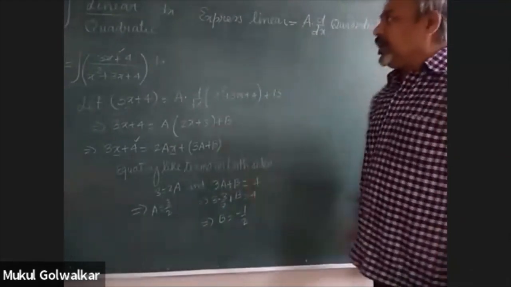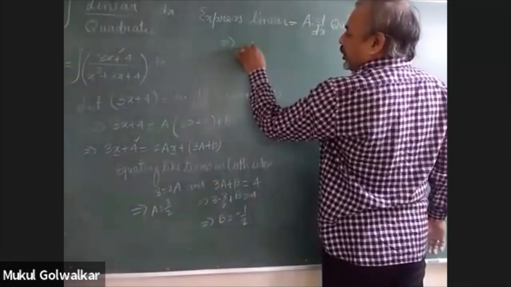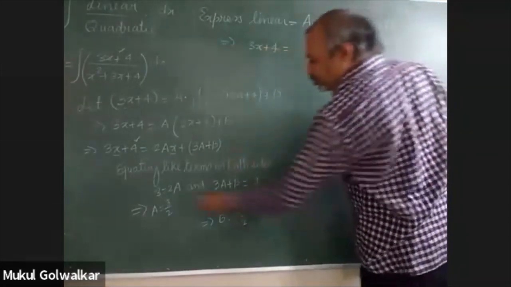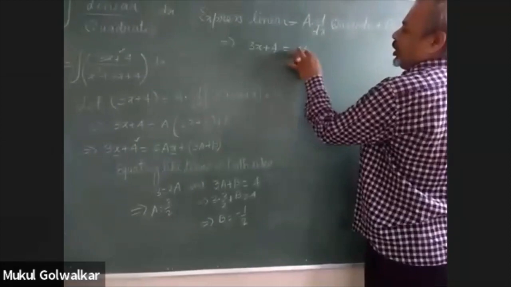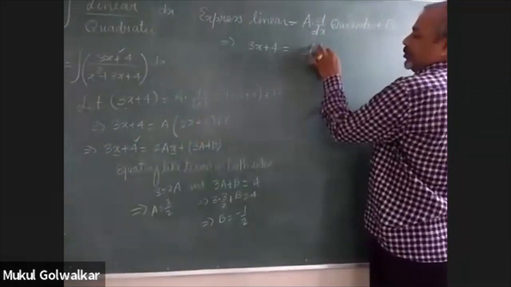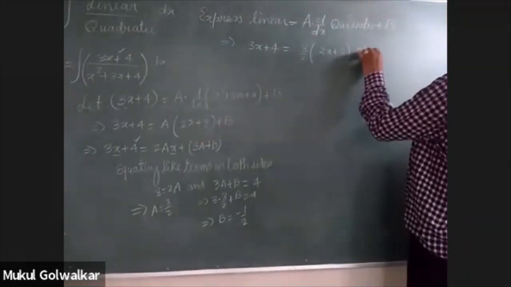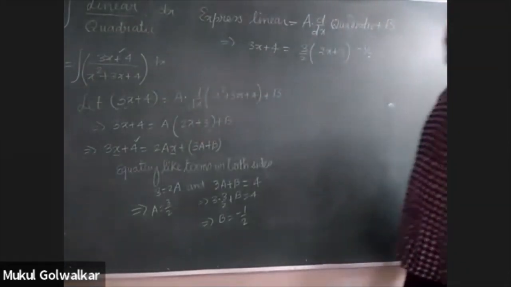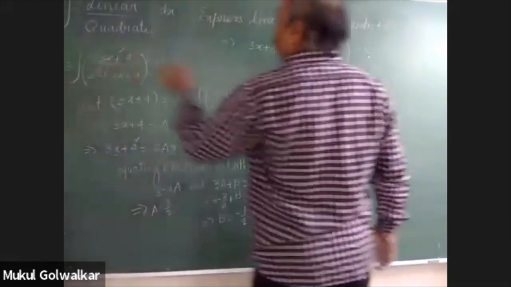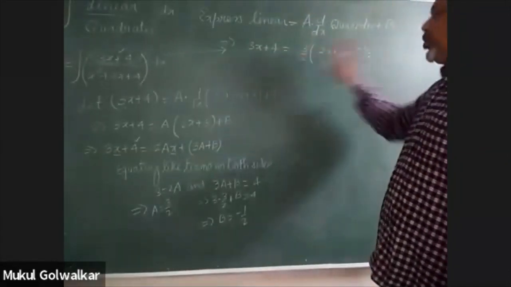And keeping that in mind, therefore, what can we write? This will imply 3x plus 4 is equal to 3 by 2 into the bracket 2x plus 3, and minus 1 upon 2. Correct? Means in place of writing this numerator 3x plus 4, we are breaking that linear into two different forms.